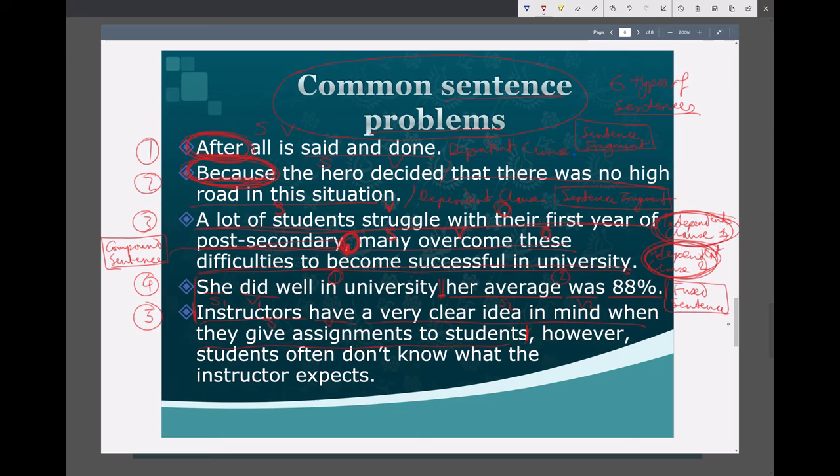And then the next clause, students often don't know what the instructor expects. So notice you have two big clauses and two separate sentences, and it's connected with however.